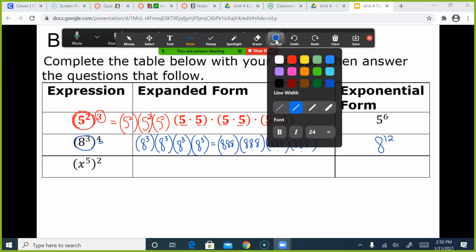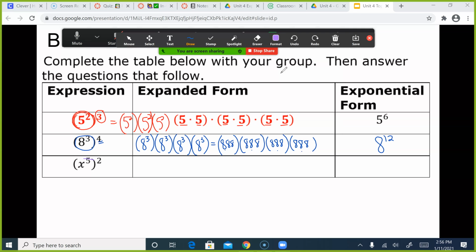And then the last one, we have x to the 5th 2 times. So x to the 5th, x to the 5th. Means I have 5 x's here and 5 here, for a total of 10 x's.